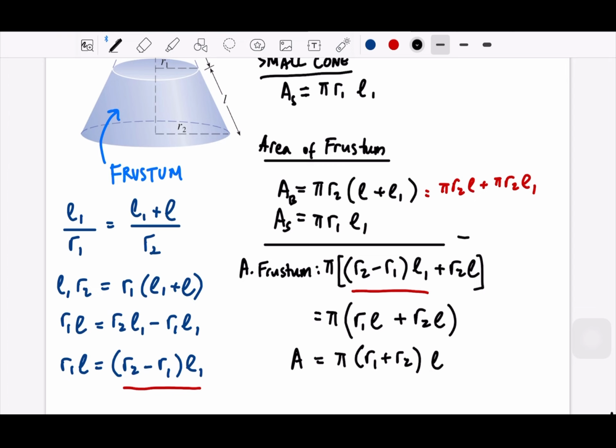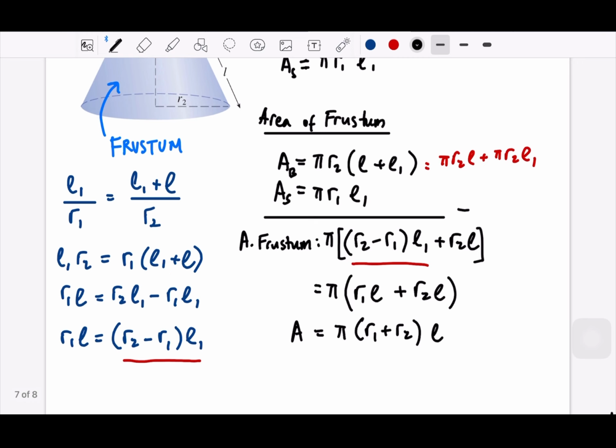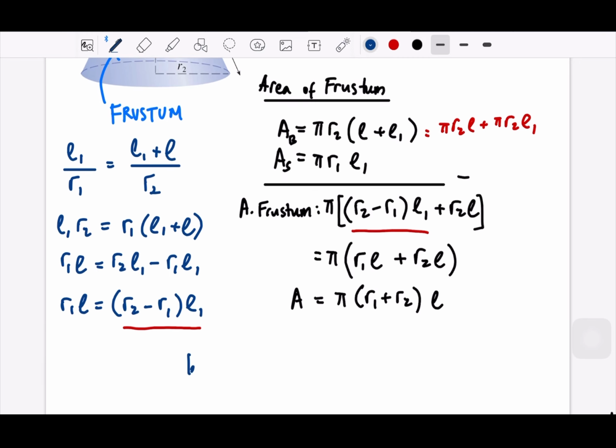And then we could take our simplification again. So let R be the average radius of the shape.